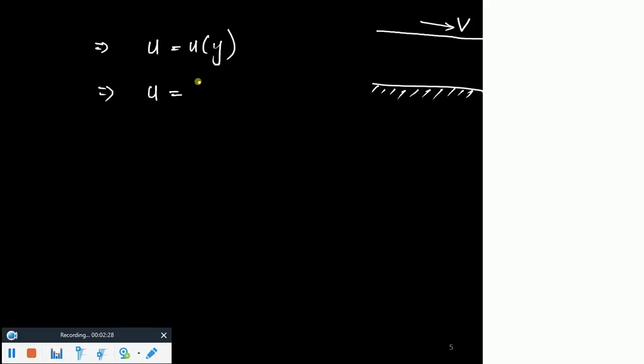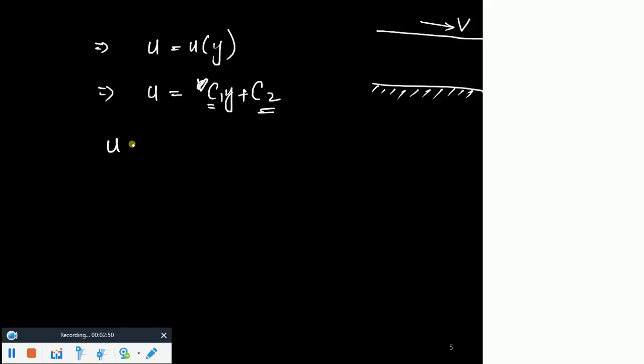So what relation do you come up with? u equals C1 y plus C2. So this is the generalized relationship, and to find these coefficients C1 and C2, you need to impose boundary conditions.